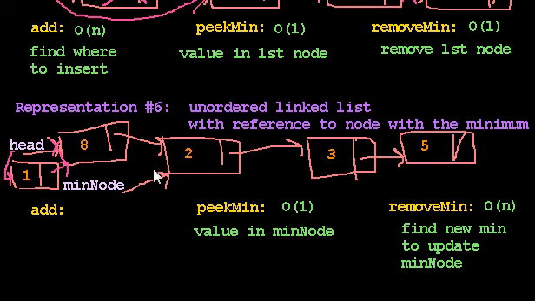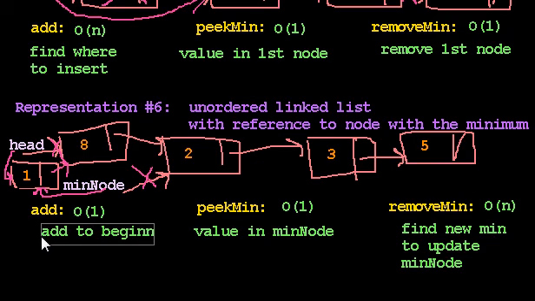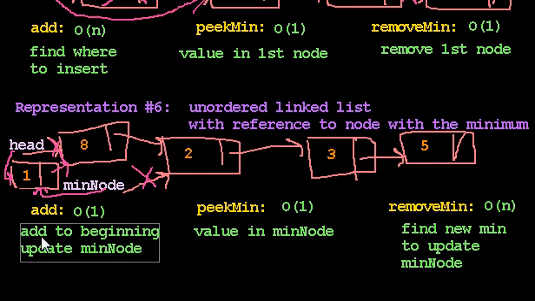No problem. I will just change this pointer so that it goes to my new minimum, and I can do all of that updating in constant time, much like before when we had our dynamic array with an index to the minimum. I could update the index to the minimum in constant time. So add to beginning, update min node, maybe. And I can do that in constant time.